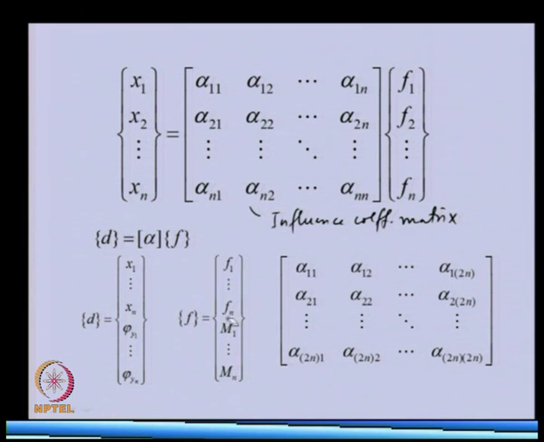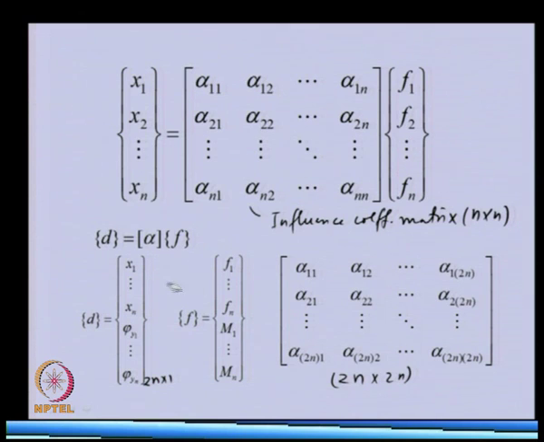And now, because the size of these vectors is 2n into 1, the influence coefficient matrix, which was originally n into n, will now become 2n into 2n. Additionally, more influence coefficients will come corresponding to moments and angular displacements.